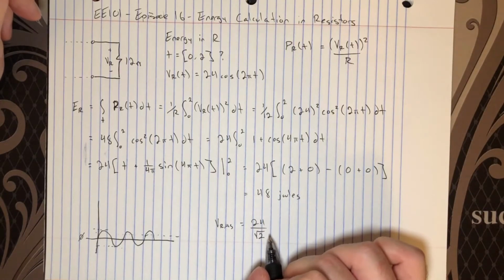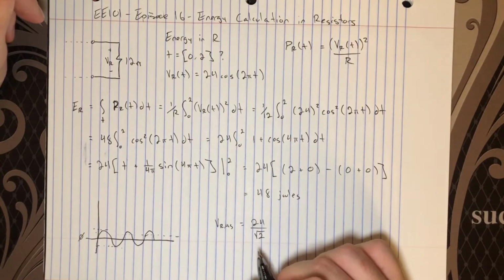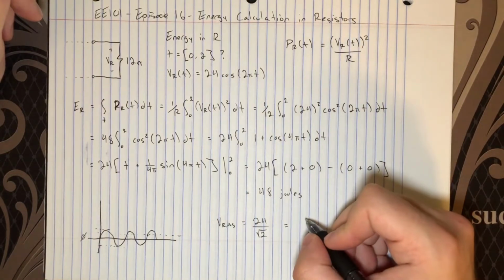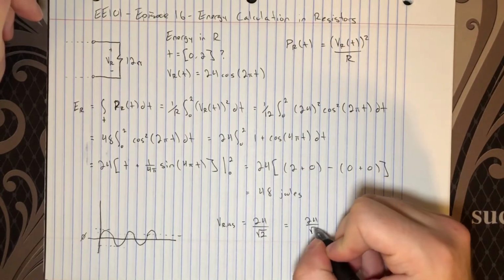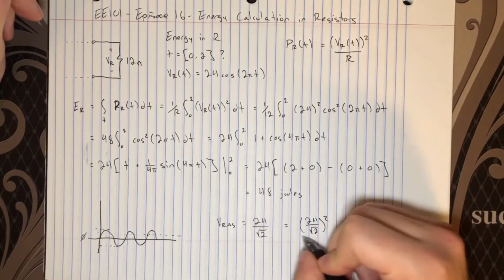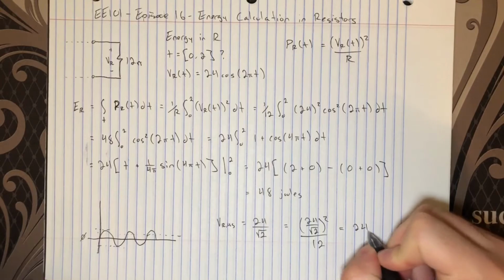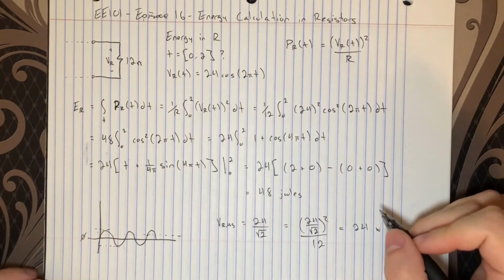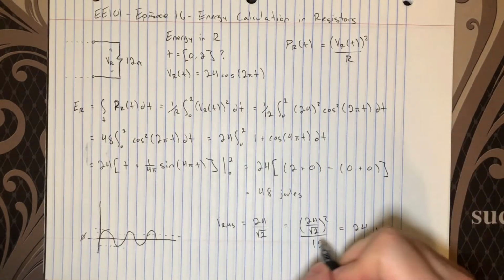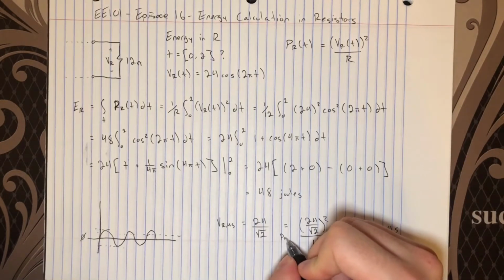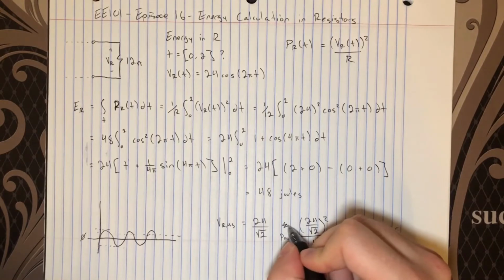Now if I take the power, which I can just use VRMS and square it and then divide by the resistance, we'll see what I get. 24 divided by root 2 squared divided by 12 equals 24 watts, and sorry, this is power here.